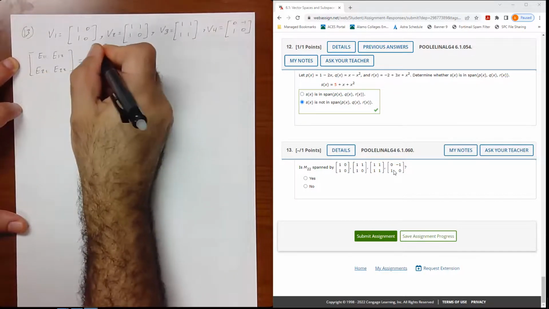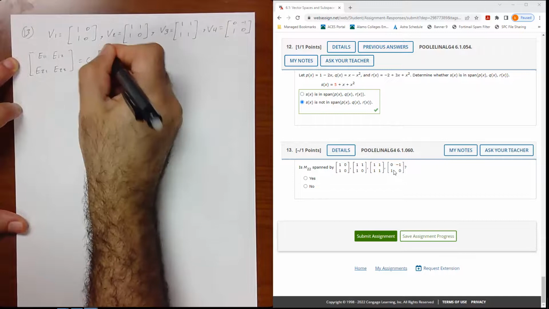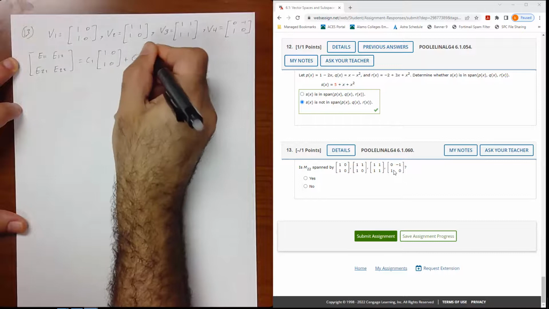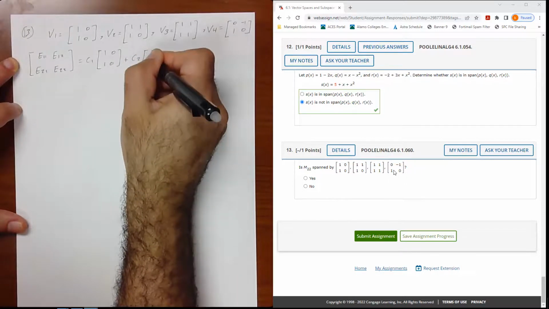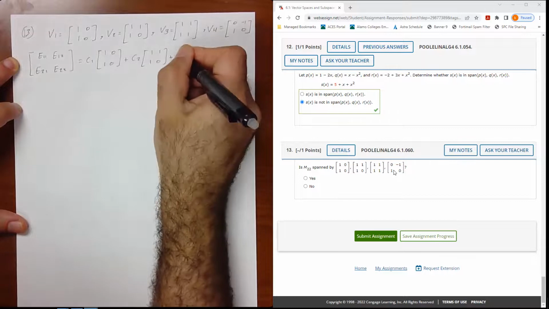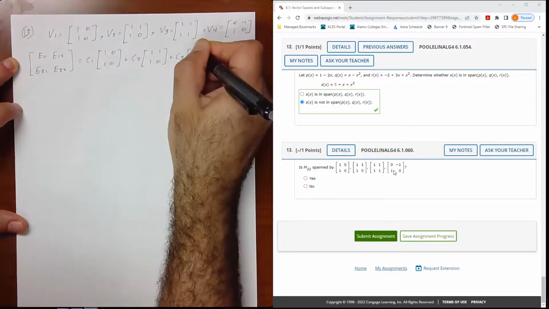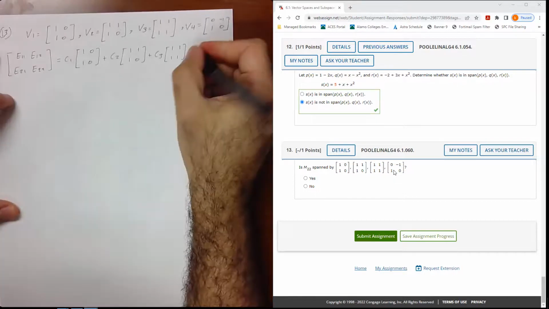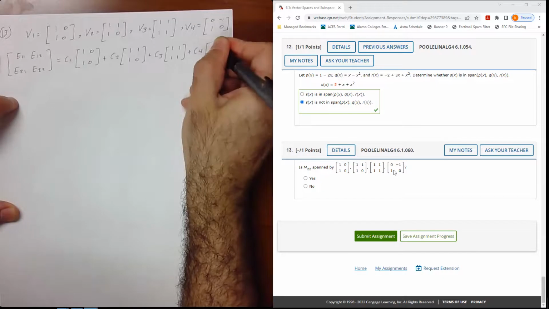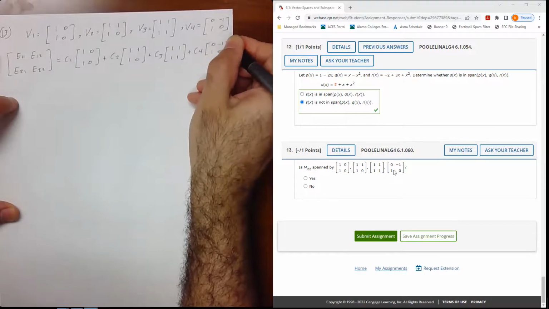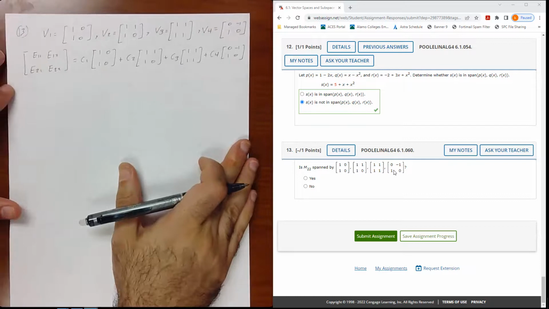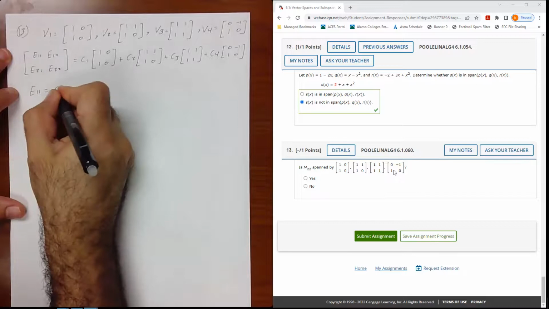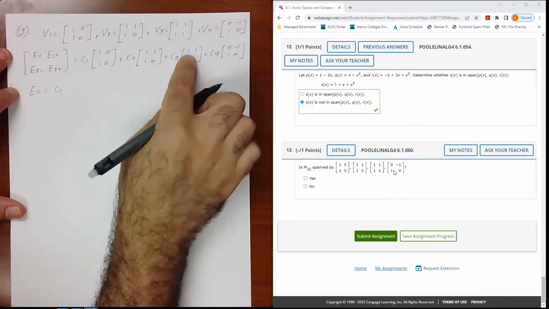equals C1 with the first vector V1, which is 1, 0, 1, 0, plus C2 with the second vector 1, 1, 1, 0, plus C3 with 1, 1, 1, 1, V3, plus C4 with 0, -1, 1, 0. Now let's find the scalars. E11 is equal to C1 + C2 + C3. E12 is equal to C2 + C3 - C4.